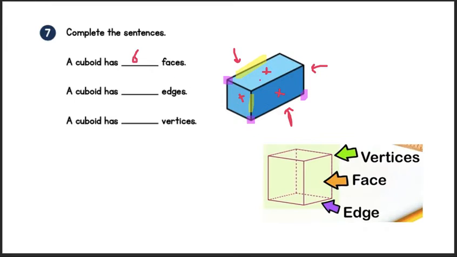It's got 1, 2, 3, 4, 5, 6. A cuboid has 12 edges. Remember, there's hidden edges that you can't see in this picture. And a cuboid has 8 vertices.